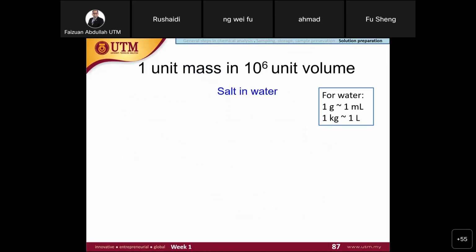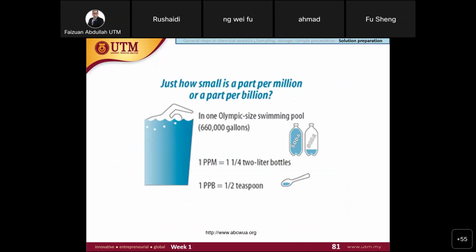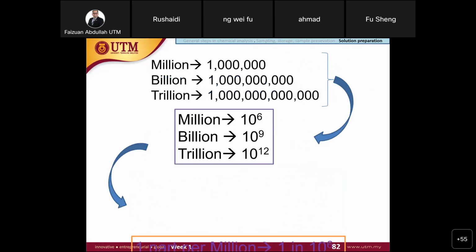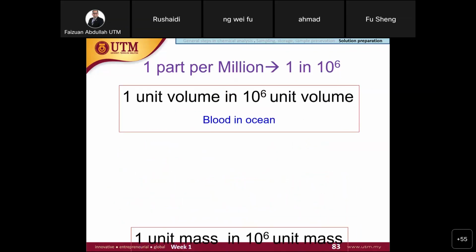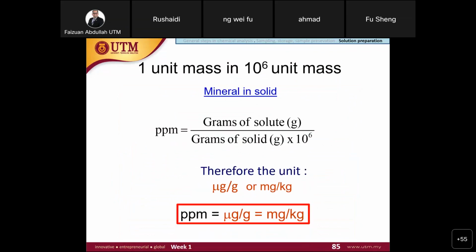The example is like you put 1 teaspoon of salt, or 1¼ to 2 liter soda bottle, like the example previously I showed you, inside 1 Olympic size swimming pool. So that is 1 ppm.